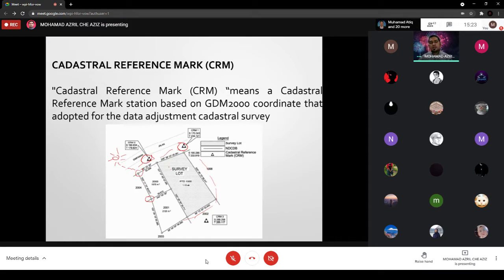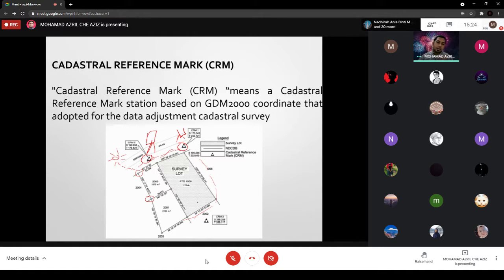These two points are visible to each other. So for example, you set up your total station here, and at the other point you set up your prism reflector. Then you start your survey.